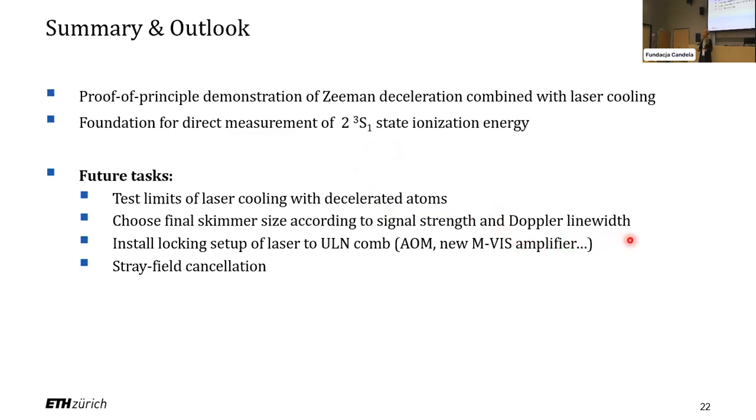We have to choose a final slit that we can insert before our spectroscopy region so that we can select an even smaller transversal velocity component and reduce the line width further. But we have to weigh this up against the signal strength. Then we have to lock our laser to the ultra low noise frequency comb so that we can perform spectroscopy, and also take care of electric stray field cancellation.